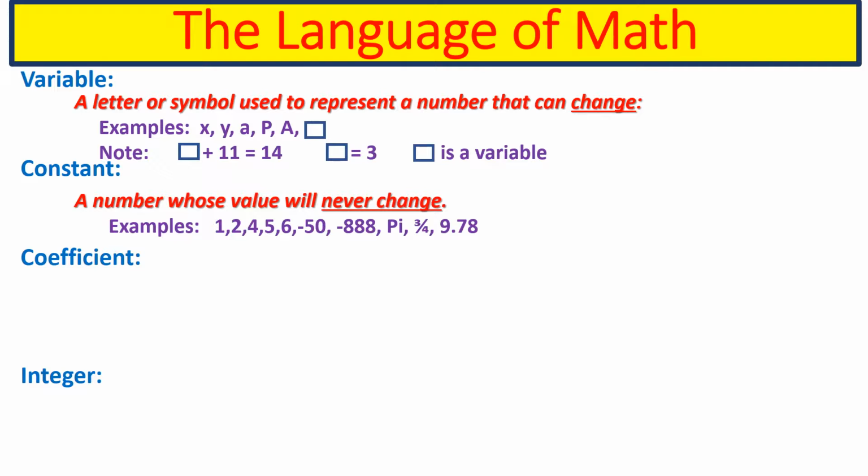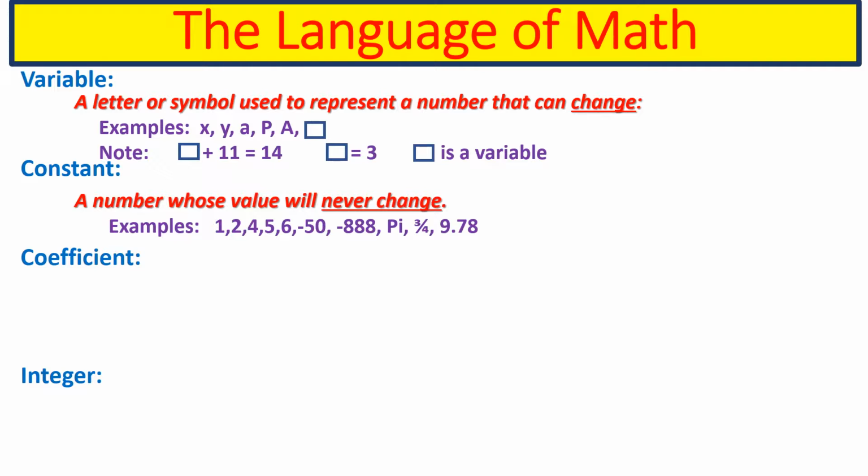Notice that negative 50 is also a constant because it will never change. Don't let the fact that it's negative fool you. It's still constant because negative 50 will remain negative 50 for all eternity. If you owe me $50, that amount of money remains the same no matter how long you owe the $50.